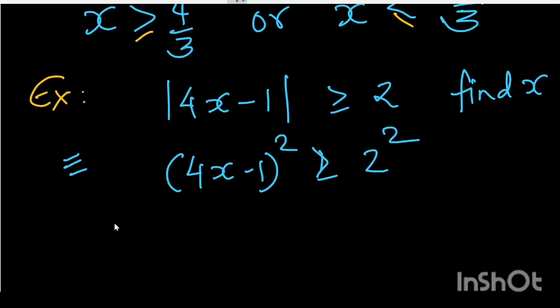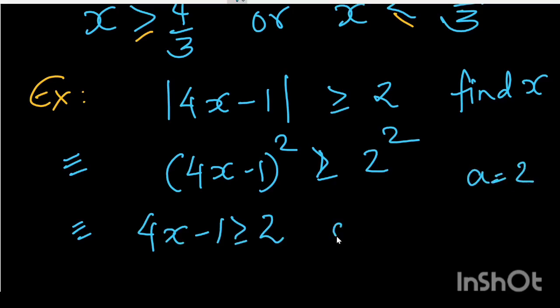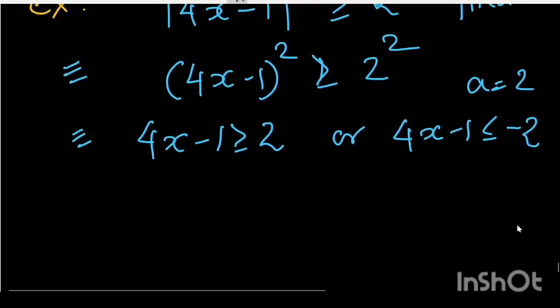Okay, so we can take it on the left hand side, or directly we can write it as f(x): 4x minus 1 greater than or equal to a, which is 2 here, or 4x minus 1 less than or equal to minus a. The two inequalities that we got, we will take OR.